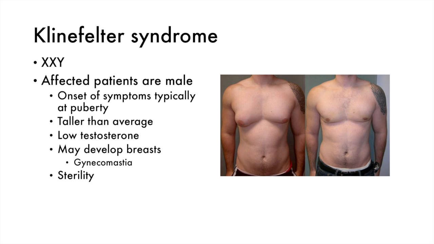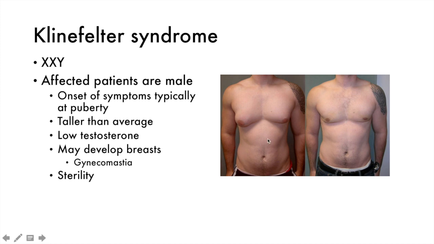And at the onset of puberty, which is typically delayed in Klinefelter patients, they tend to not develop in quite the same way. The genitalia don't enlarge as much as in normal males. They tend to have smaller scrota, smaller genitalia. They may develop breasts, a condition called gynecomastia.